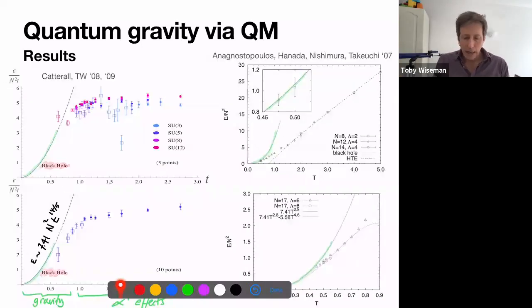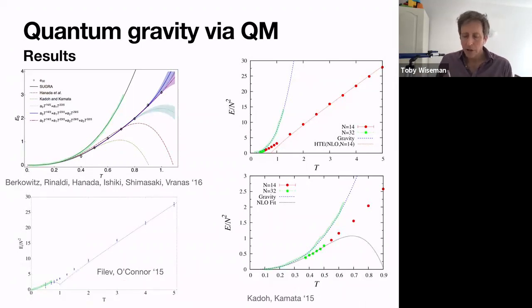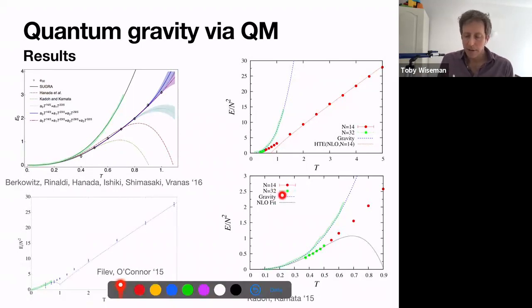So let me just say, this is old work. And more recently, there have been much more impressive calculations. The group of Berkowitz, Rinaldi, Hanada have done some very nice work. O'Connor and Filev have done nice work, and Cadeau and Kamata have done some very nice work to much larger N, up to say 32 here, and larger lattices, say 30 points around the Euclidean time circle, which is quite a lot in quantum mechanics.